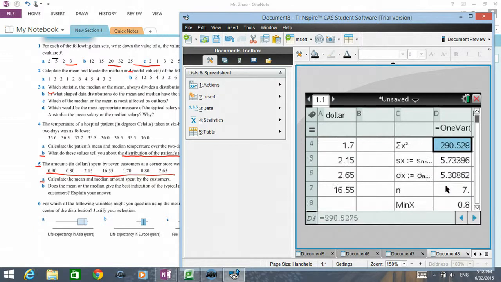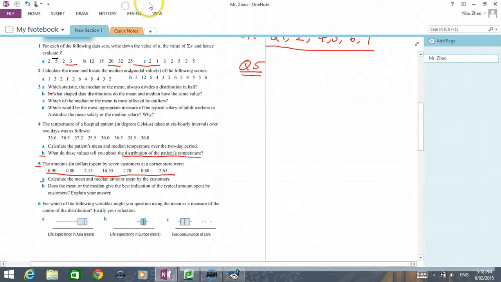So let's write this down. The mean is 3.65, I believe. The median is going to be 1.7.